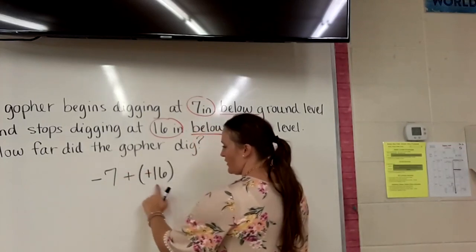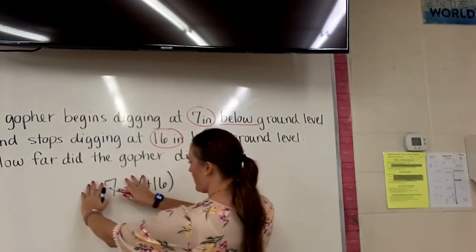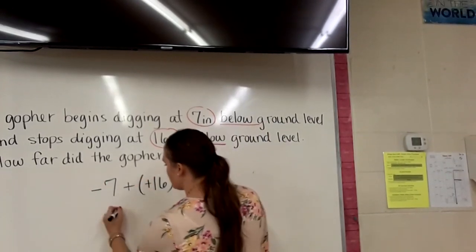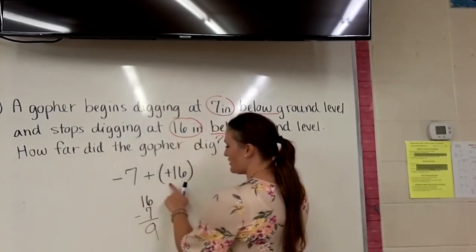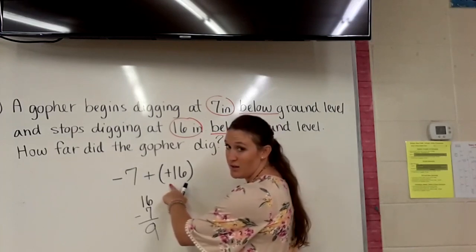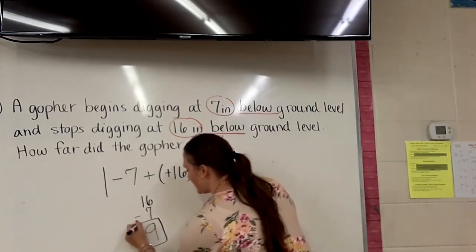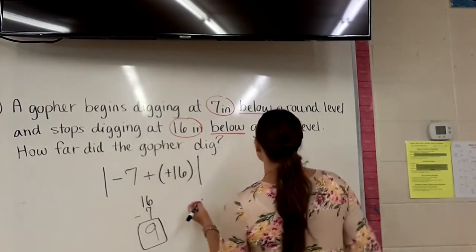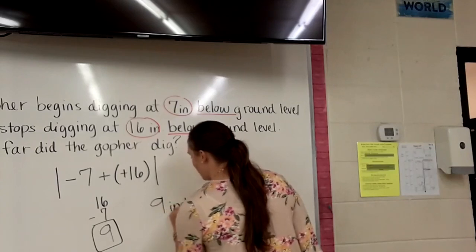I'm adding with a positive and a negative, which means you hide those signs, and we subtract. 16 minus 7, we get 9. I go back and look, the bigger number is positive, so it stays positive. But also, since we're talking about distance, you could go back and do absolute value. So it is 9, and that means how far did the gopher dig? He dug 9 inches.